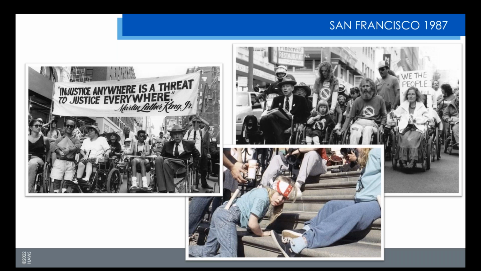Seriously, names and celebrities that would surprise you. There were protests and counter protests, and demonstrations like the Capitol Crawl, where about 60 demonstrators abandoned their wheelchairs and assistive devices and crawled up the steps of the Capitol to show its inaccessibility. Once they reached the top, they demanded to speak with the Speaker of the House.